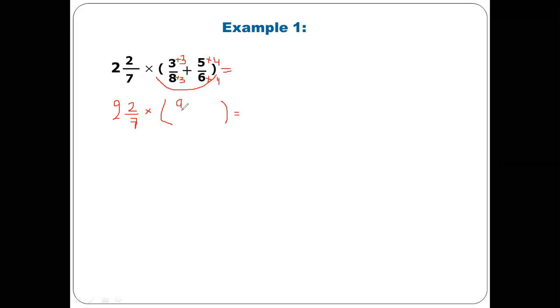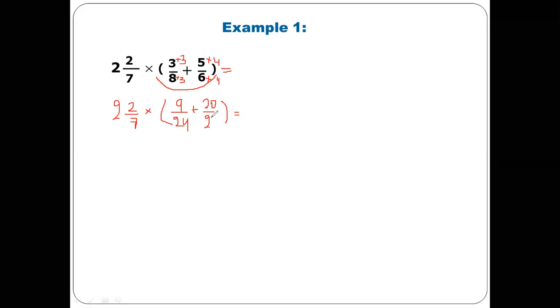3 times 3 is 9 out of 24 plus 5 times 4 is 20 out of 24.